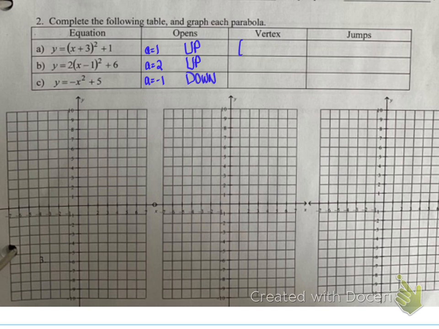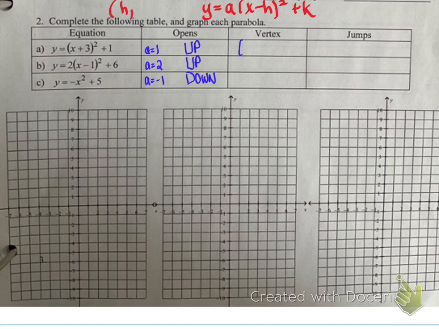Now let's identify the vertex. Remember that the general equation for the vertex form is y equals a bracket x minus h all squared plus k. My vertex is (h, k).